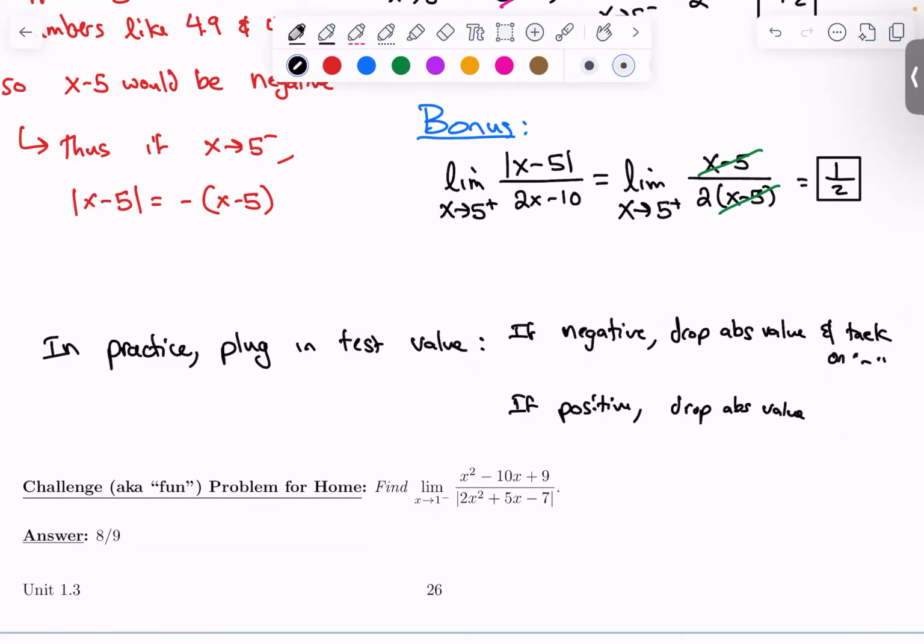That's negative 0.88. So for this one, you'll drop the absolute value symbol and write it as negative 2x squared plus 5x minus 7. Because when you plugged in the test value, you got a negative number. That means that when you're approaching it, it'll be negative.